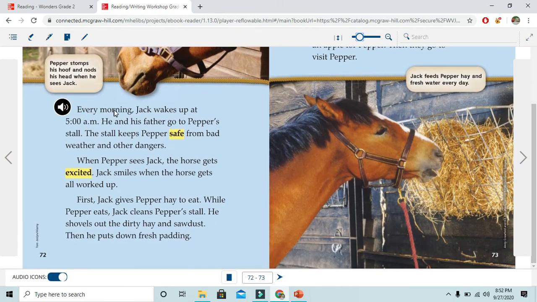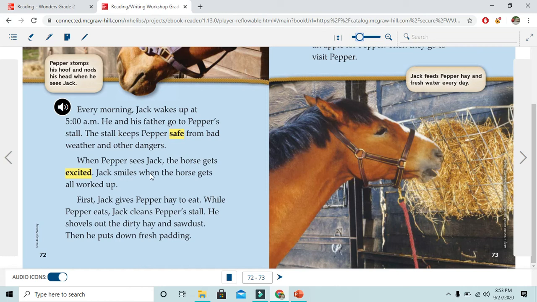Every morning, Jack wakes up at 5 a.m. Oh, this is very hard. He and his father go to Pepper's stall. The stall keeps Pepper safe from bad weather and other dangers. When Pepper sees Jack, the horse gets excited.